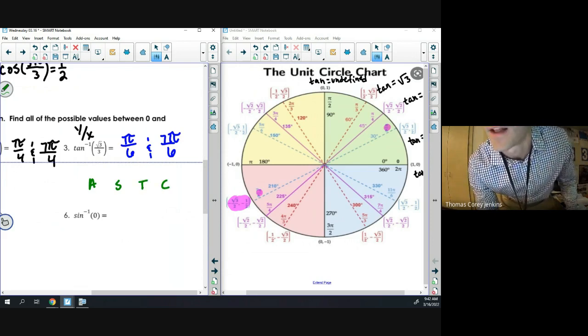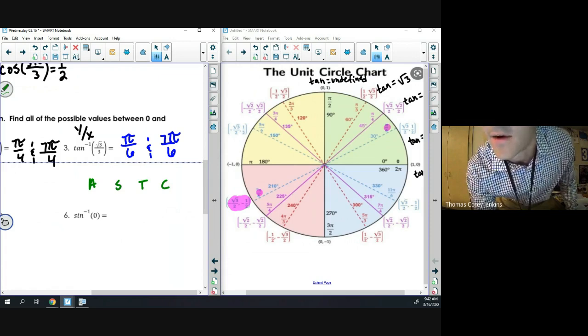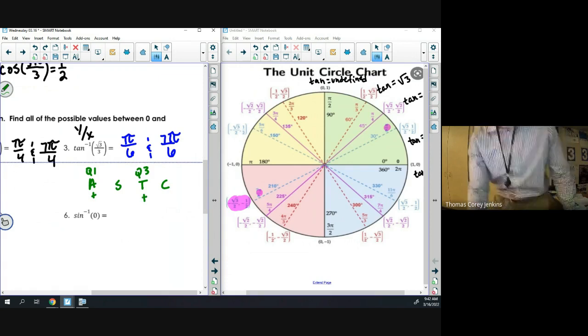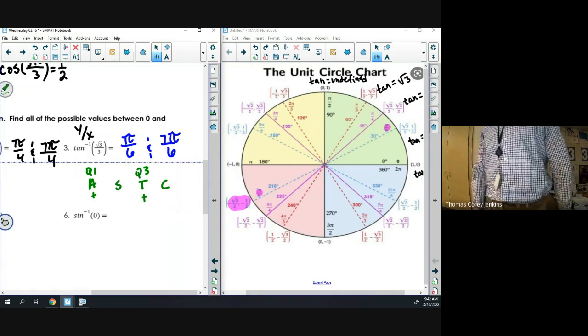So really, sine and cosine are easy. But for tangent, how I could use this is, okay, so all of them are positive here. So in quad 1, tangent's positive, right? And then tangent is positive in Q3. So that's how that can be helpful too, that little saying.